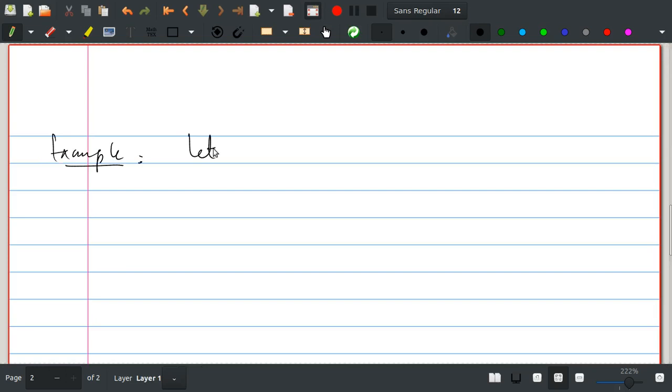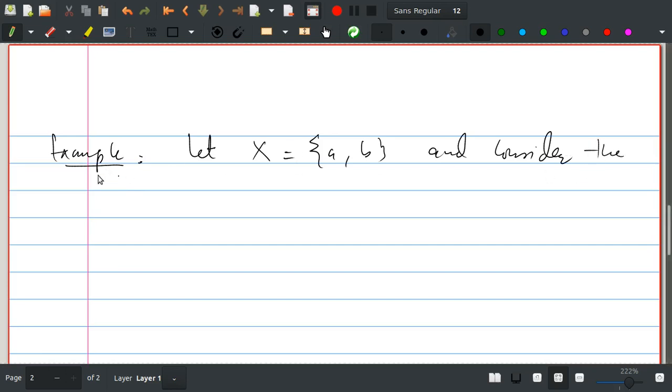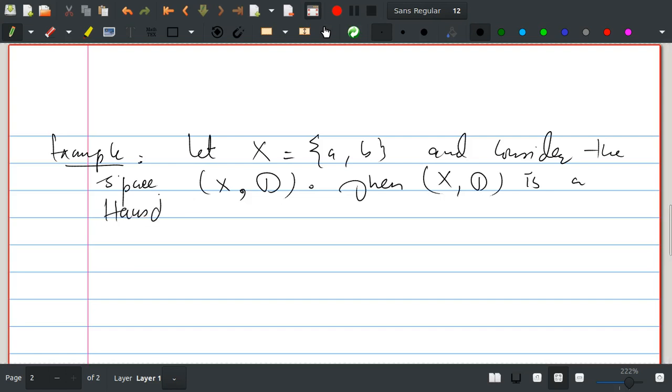Now let us consider another example. Let X be a set of 2 points, let's say A, B, and consider the space (X, D), where D is the discrete topology on X. Then (X, D) is a Hausdorff space.